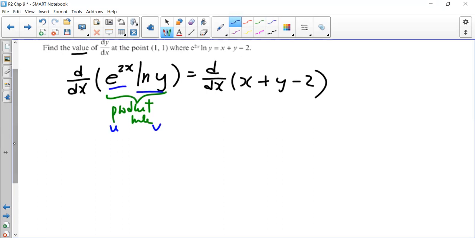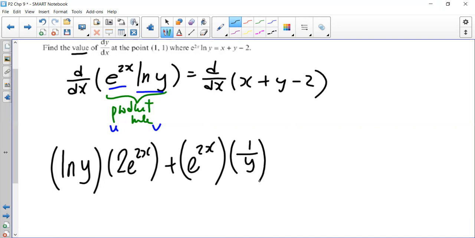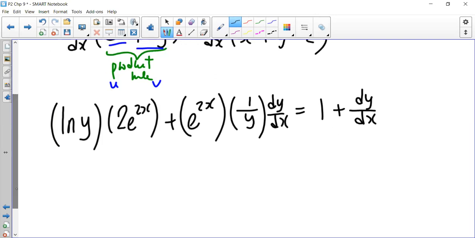Let's do it: v du, differentiate e to the power of 2x, plus u dv, e to the power of 2x times the derivative of ln, which is 1 over y, but it's a y, not an x, so times dy by dx. The right hand side: differentiate x is 1, differentiate y is dy by dx, differentiate 2 is 0. Okay, next.